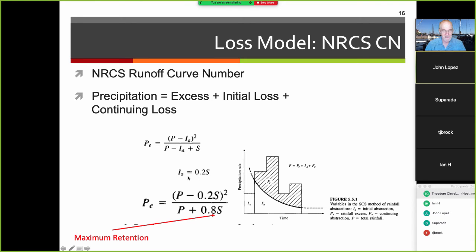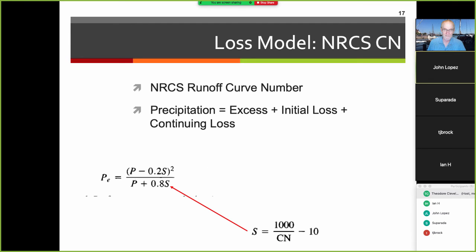And so we make that substitution, 0.2S for the I sub A term, and now we have the excess precipitation is raw rain minus 2/10 of retention, quantity squared, over raw rain plus 8/10 of retention. So we've mapped initial abstraction into another concept, watershed retention, and then the retention is related to a quantity called the curve number, according to this formula.